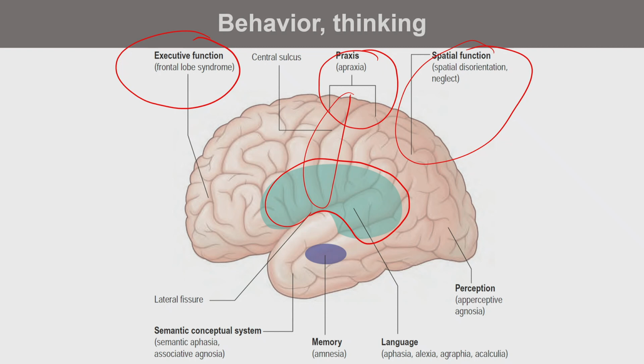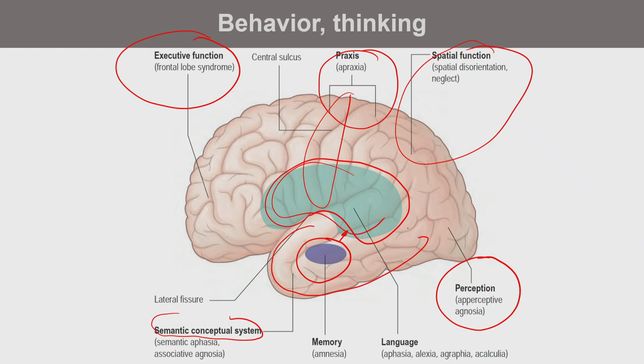And for language creation, perception of the outer world is also important. And you can see that it is very related to the conceptual path. It's interesting that this semantic conceptual system is very close to the system which is called the limbic system.